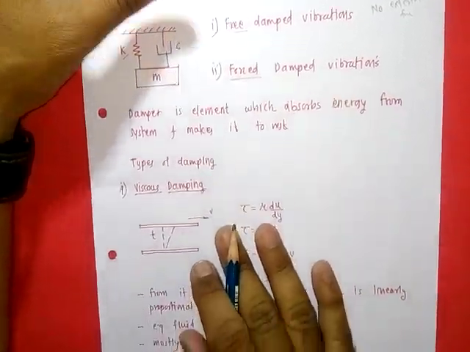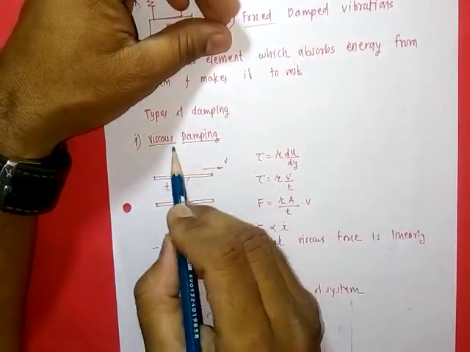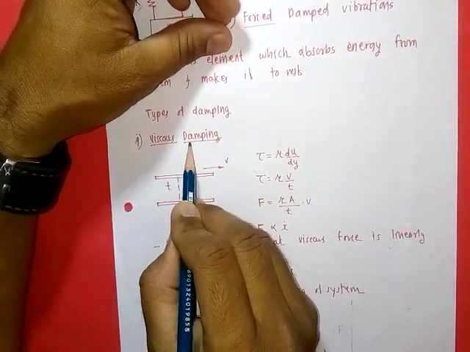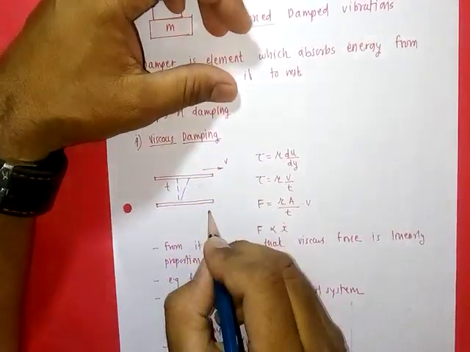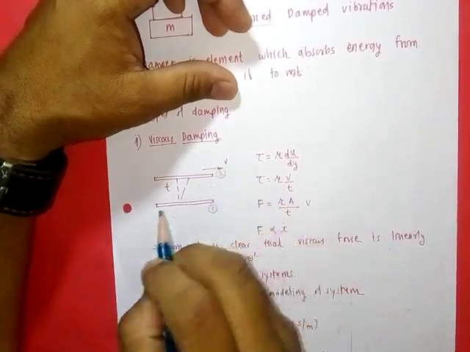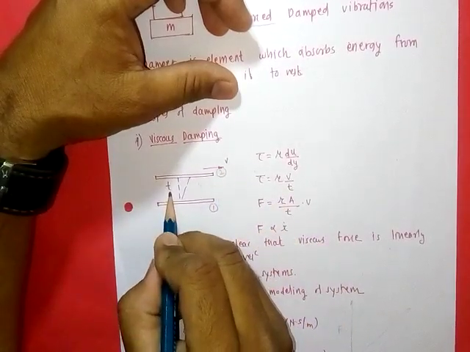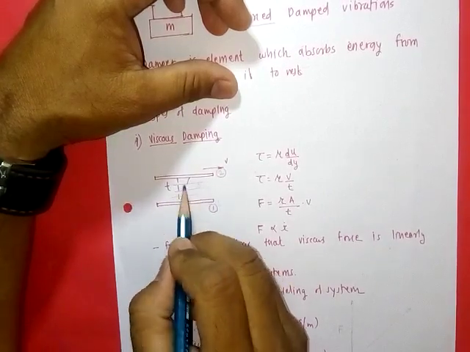First, see what are the types of damping. The first type of damping is a very simple one. It is viscous damping. Suppose there are two plates, plate 1 and plate 2, separated by thickness or distance t, and fluid having viscosity mu is flowing through or present between them.